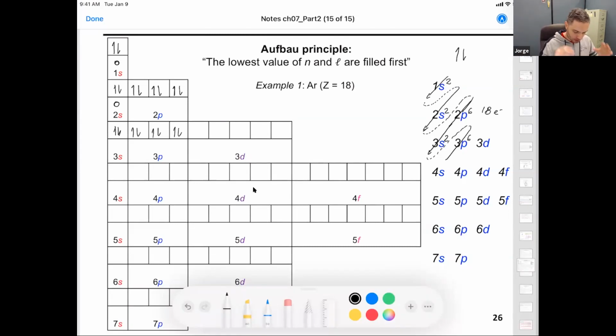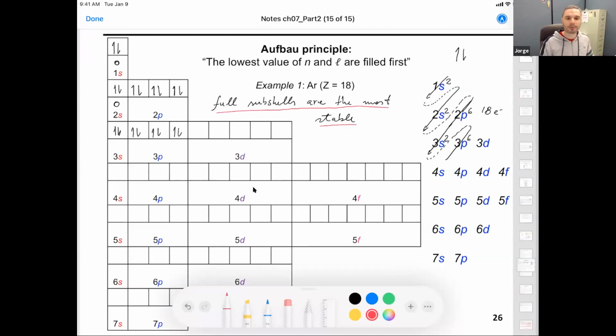And here, keep in mind that full subshells are the most stable. Okay? Full subshells are the most stable.